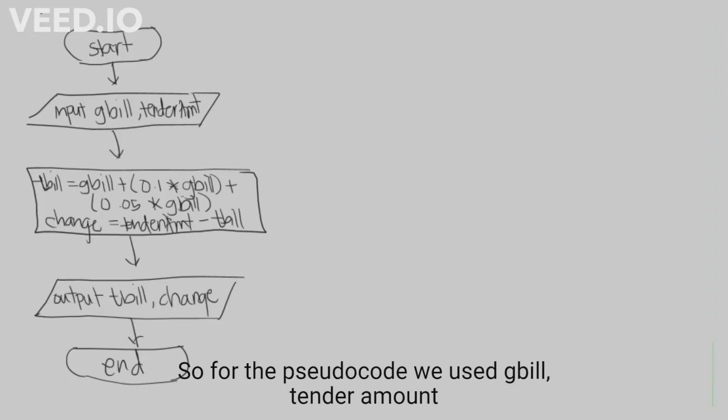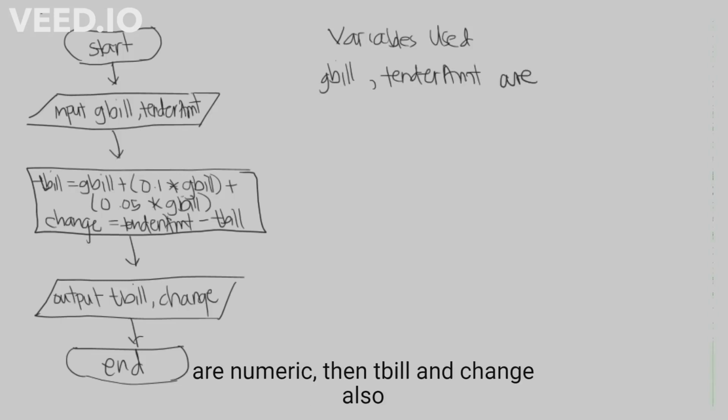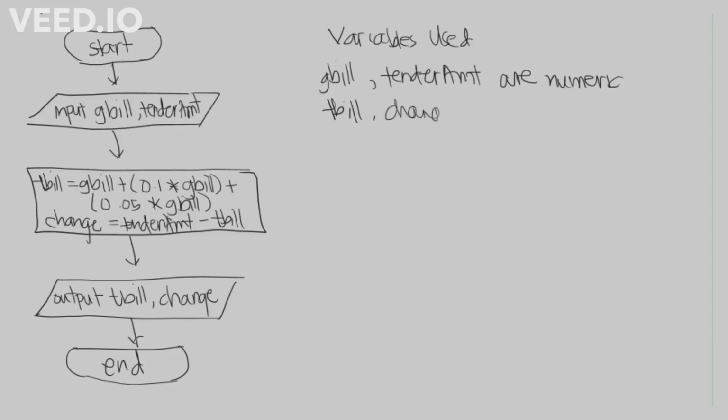So for the pseudocode, we use variables used, G bill, tender amount are numeric, then T bill and change also are numeric.